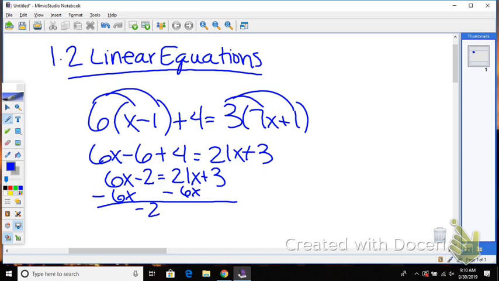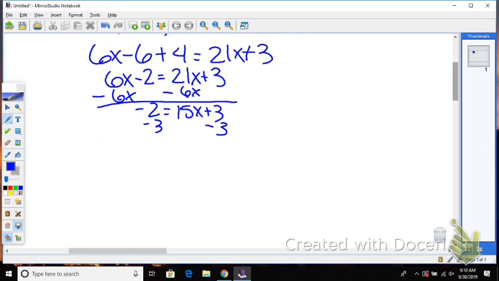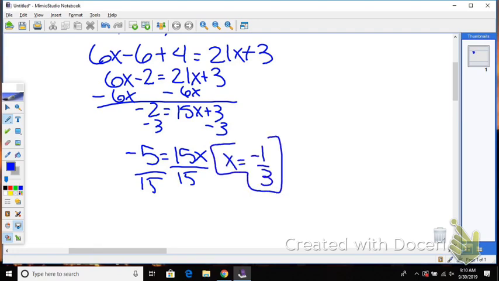So I have negative 2 equals 15x plus 3. Subtract 3, subtract 3. So negative 5 equals 15x, right? So it does end up as a fraction. So x is equal to negative 1/3. Everybody good with that?